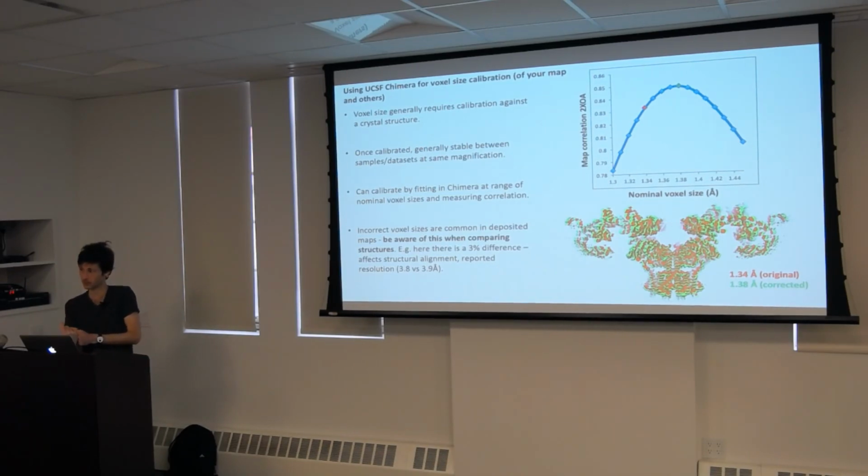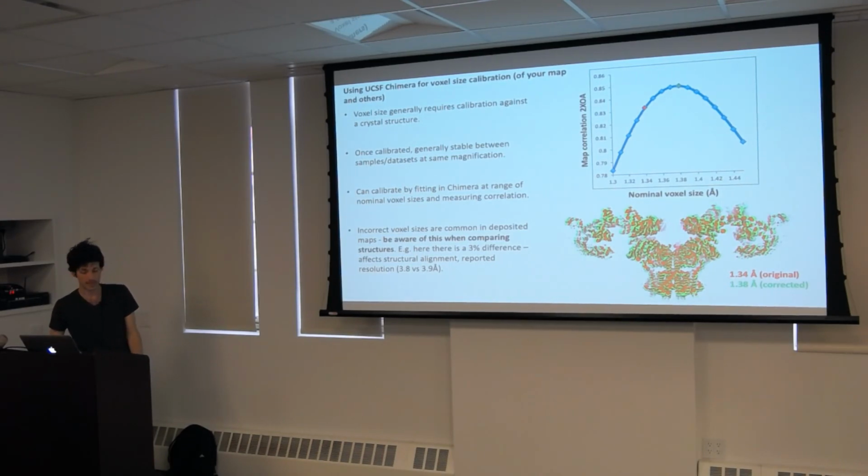Also, when you're downloading maps from the EMDB, pay attention to whether the voxel size is being calibrated or not. Because often you can do it yourself even if the authors haven't. If there's a crystal structure of a domain of the complex, you can use that to calibrate the voxel size, to calibrate the magnification. And you can do that really easily using UCSF Chimera.